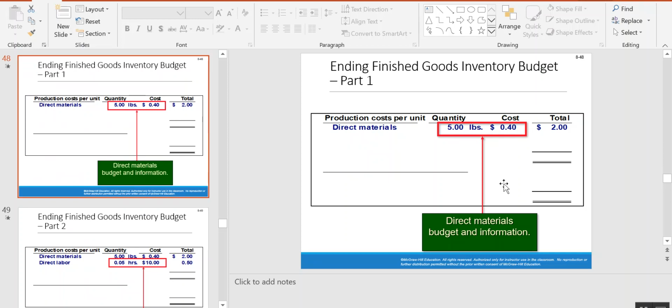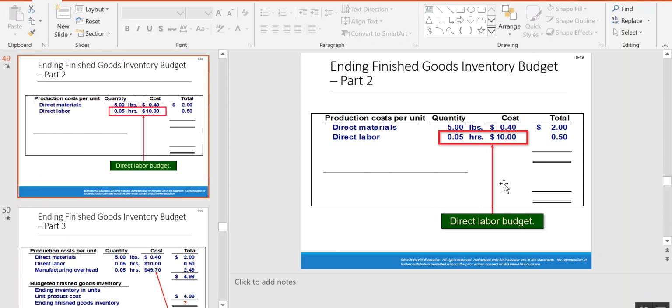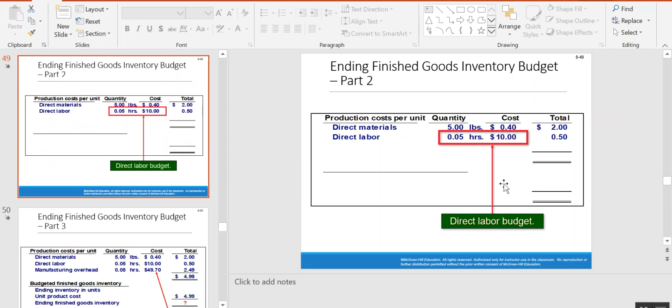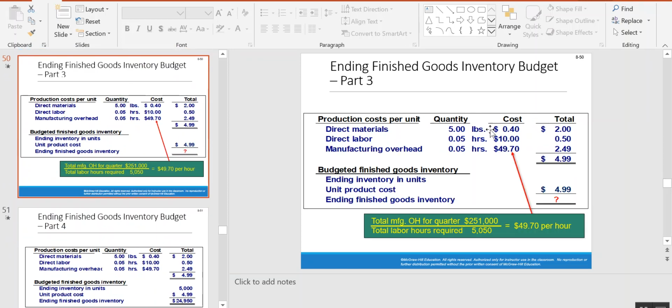Now, this is a very brief budget that I'm going to show you. It's the finished goods inventory budget, and it's going to be based on what we know about direct materials cost per unit, direct labor per unit per hour, and then we are going to factor in manufacturing overhead based on the overhead rate we calculated a moment ago.